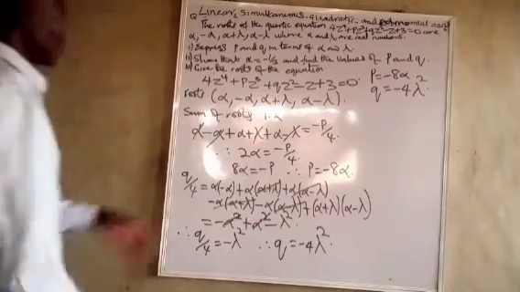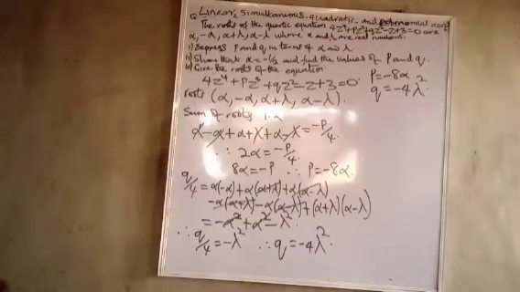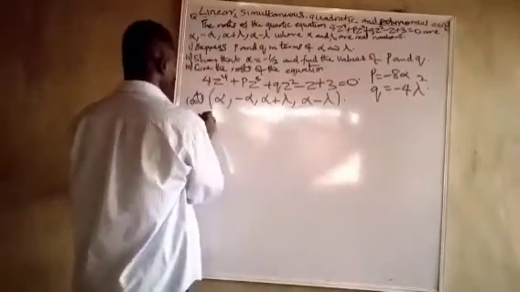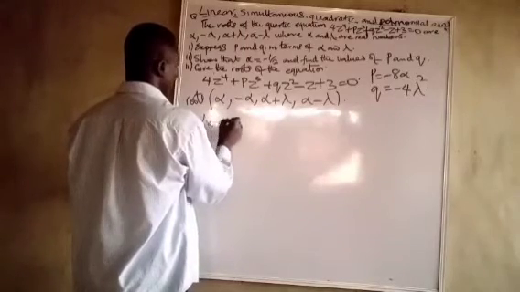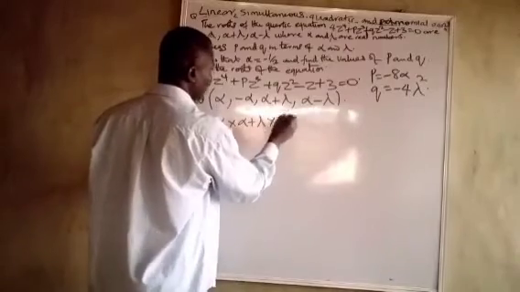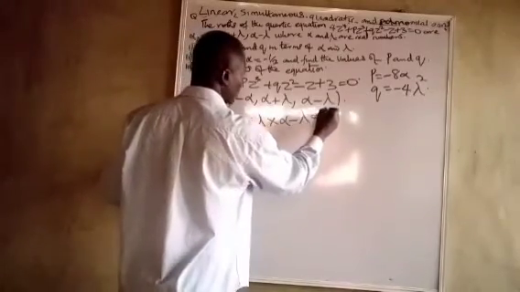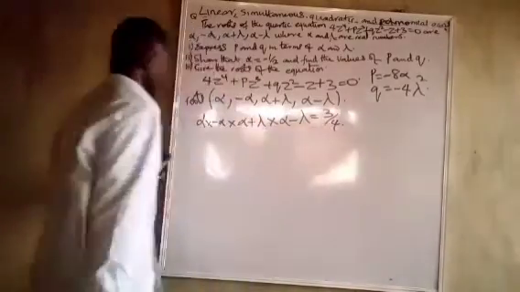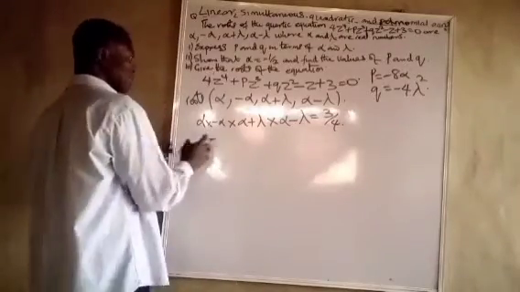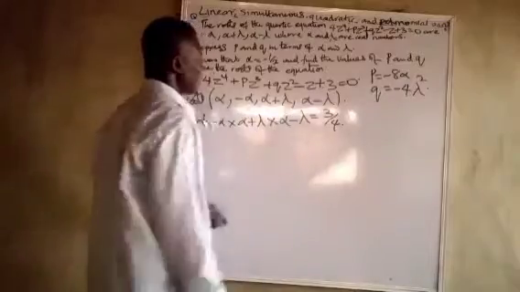It's telling us to find the value of alpha, given that it is half. Here, we know that the product of all the roots will be 3 over 4. That is alpha times minus alpha times alpha plus lambda times alpha minus lambda will be equal to 3 over 4. And the sum of the products in threes is minus 1 over 4.